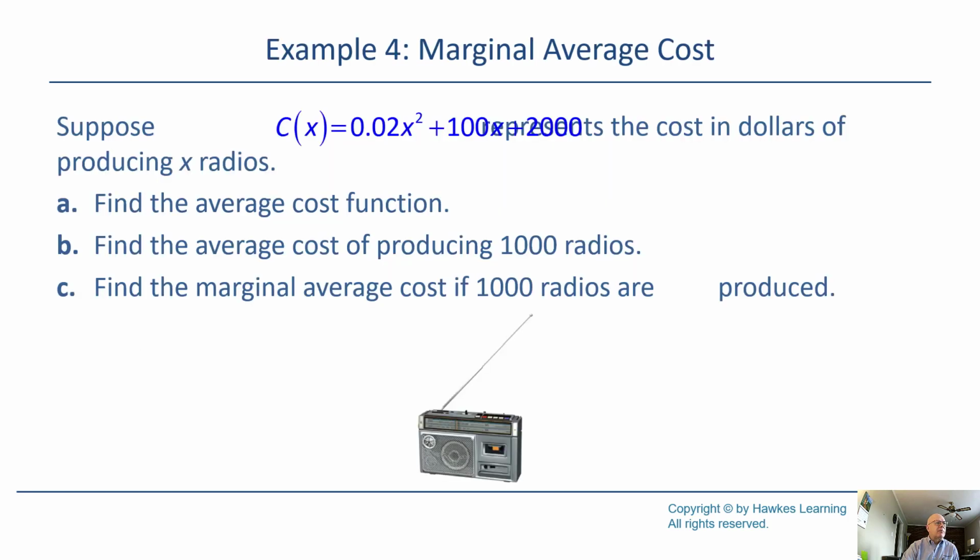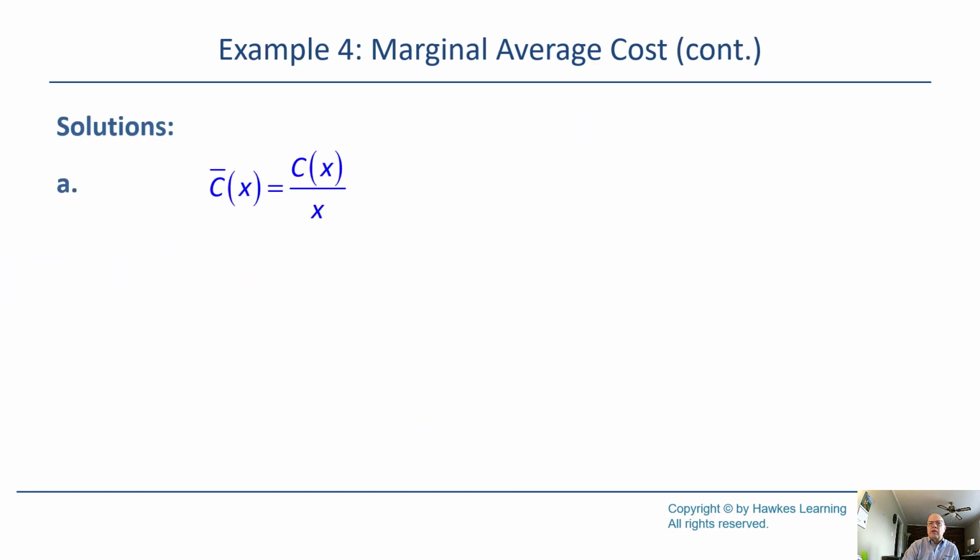So here's an example, a little bit unfortunate the way I did it. That's another one I need to fix up. 13. All right, so notice that first of all, you find the average cost function, and then find the average cost of 1,000 radios, and then the marginal cost if 1,000 radios are produced. So here you go.